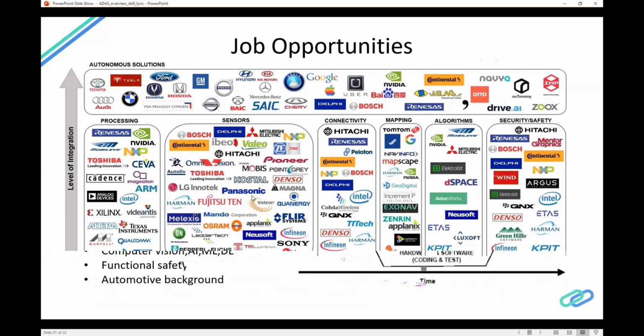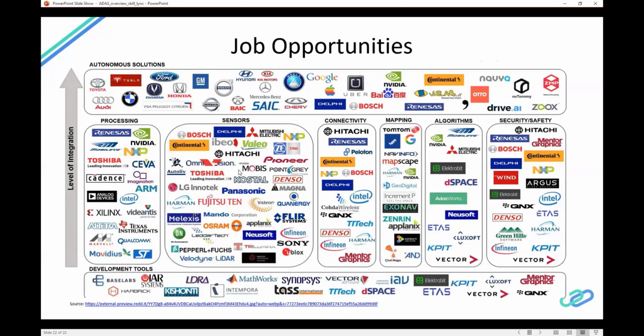There are sensor manufacturers, where cameras, radars, ultrasonics, and different types of sensors are developed. There are connectivity manufacturers, for example, 5G technology, internet connectivity, and vehicle to vehicle and vehicle to infrastructure technologies. These are developed by some of these companies.